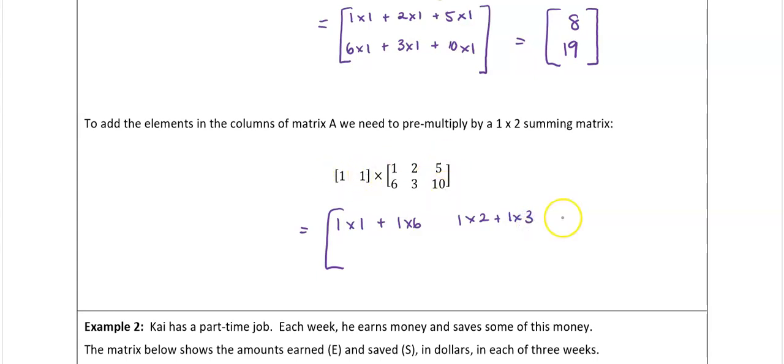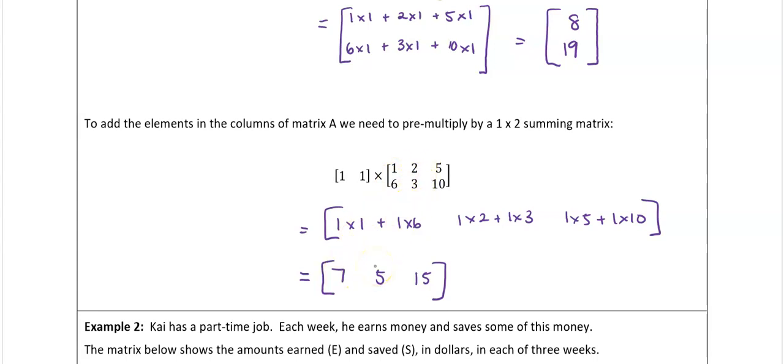Row 1, column 3, I've got 1 times 5 and 1 times 10. And so when I then complete those calculations, I end up with 7, 5, and 15.